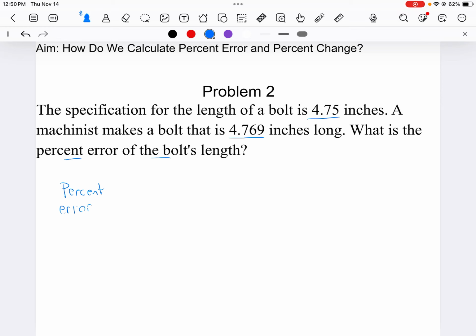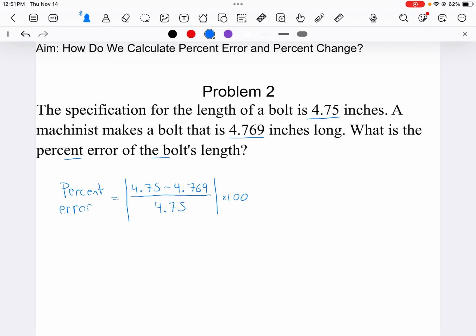So it's the absolute value of the actual, which is the 4.75, because that's what it should be, minus the estimated, which in this case is what the machinist made it to be, the 4.769, divided by the actual of 4.75. And then we're going to multiply that quotient by 100 to make it a percent.